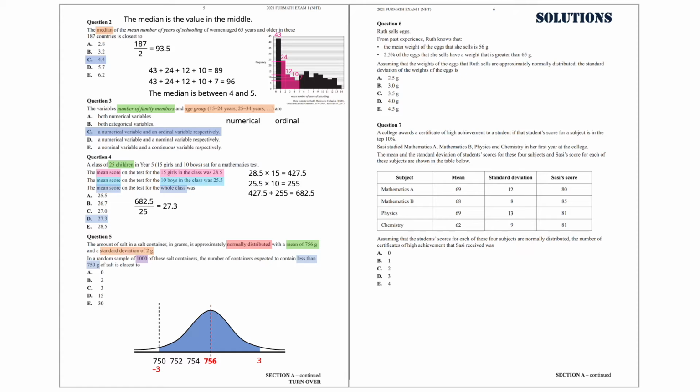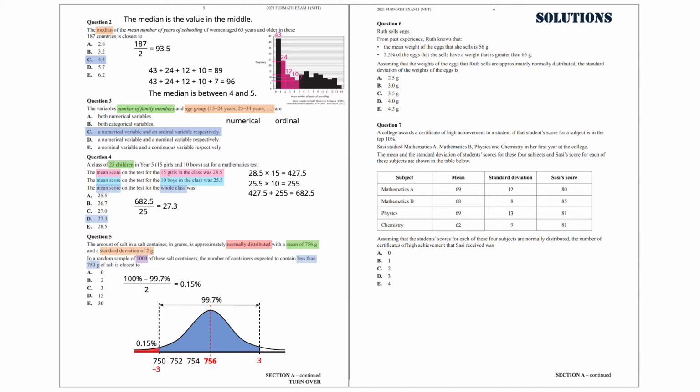We know that 99.7% of the data is contained between 3 standard deviations to the left and 3 standard deviations to the right. We need to calculate the percentage of less than 750 grams, and that is 100 minus 99.7, all divided by 2, which is 0.15%.